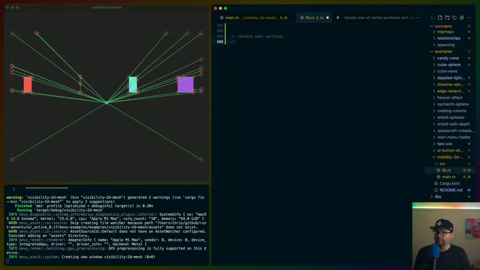If we iterate over vertices, then player to vertex, first line.